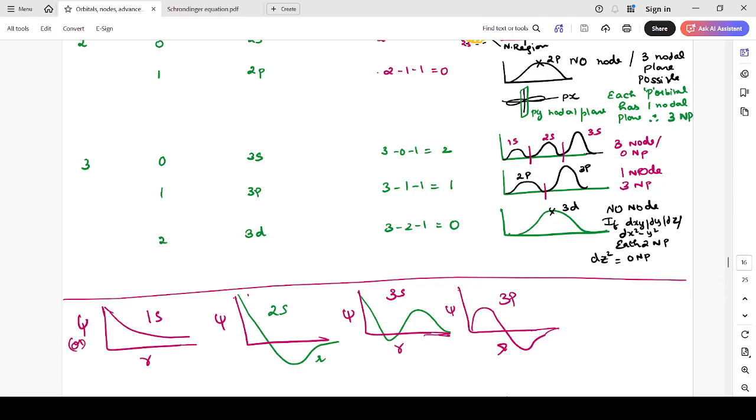I'm going to provide you 3d z square 1. Give the quantum numbers of this.